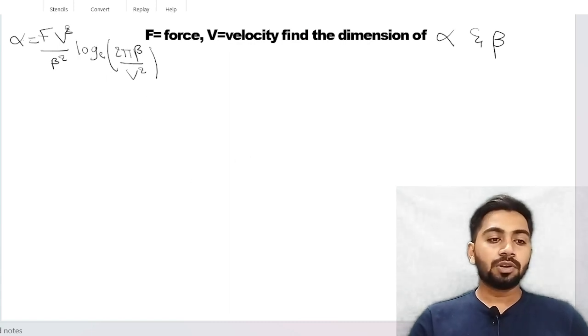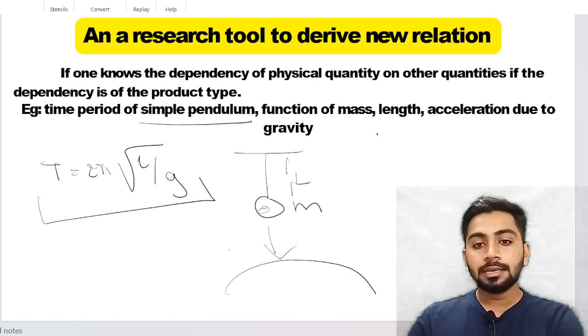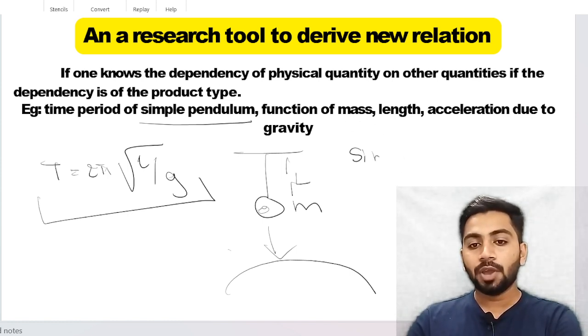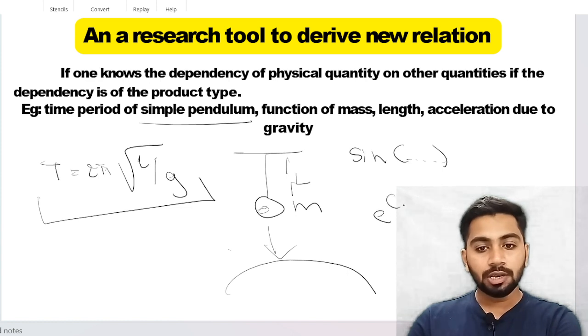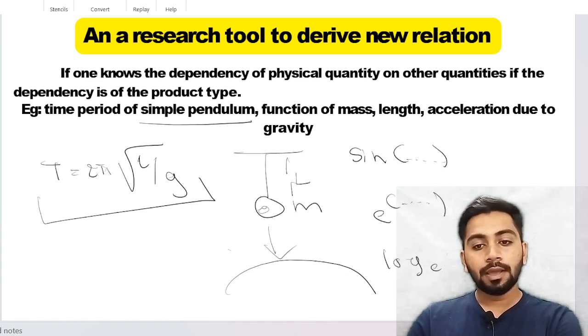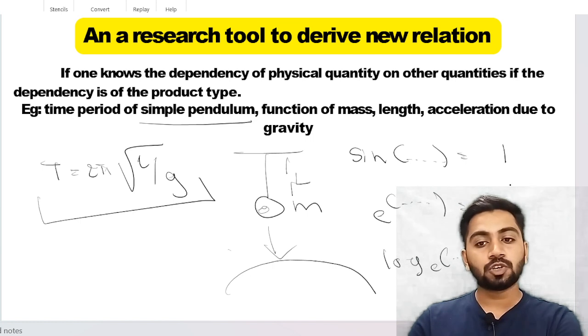Before that, I want to tell you one thing. The dimension of some quantities like sine: if you have sine inside a bracket, or exponential inside a bracket, or log inside a bracket, the dimension is always equal to 1.